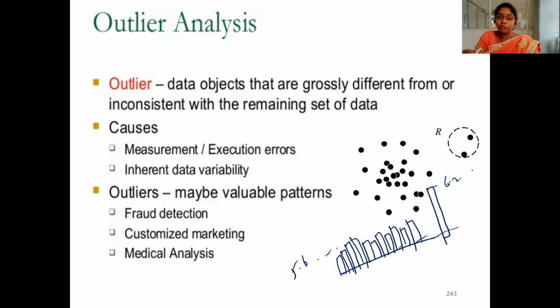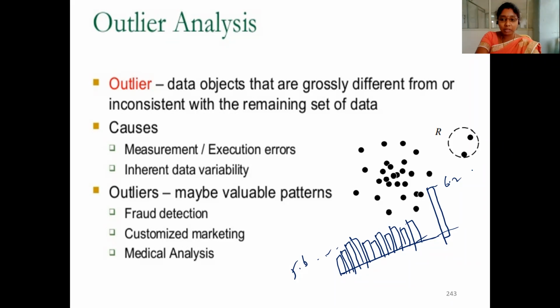Compared to all the others, if he or she exhibits some different behavior, then he is an outlier. Similarly, outlier is nothing but the data element which possesses the different behavior with the remaining all the elements.